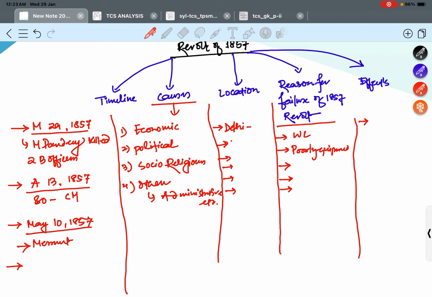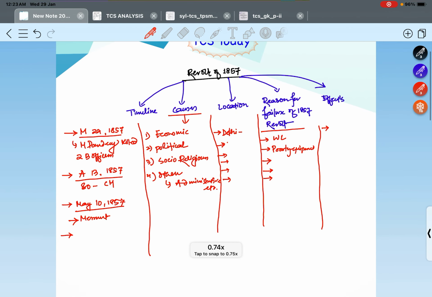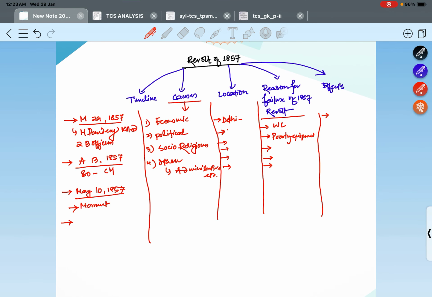first it acts just like a seed for a bigger revolution in the future. There are many effects, so you have to do it in this way. If you do this much, the revolt of 1857 will be done. So in this way you have to do every topic.